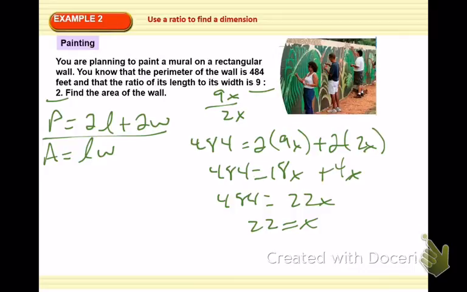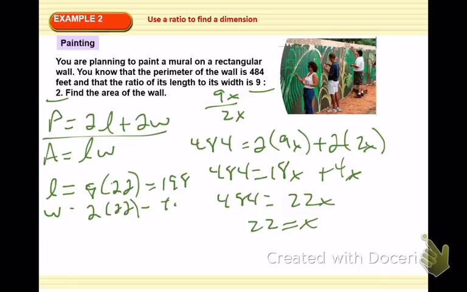Okay, now if that's the case, then we know that our length is going to be 9 times 22, which is 198, and our width is going to be 2 times 22, which is 44.